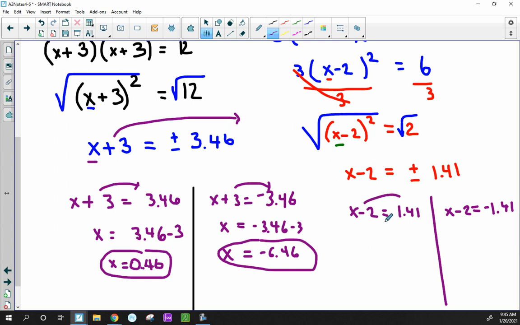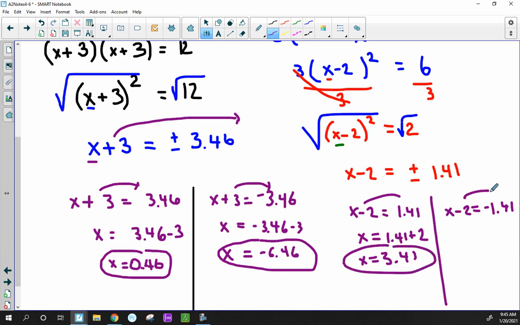Alright, so we're going to transpose. The first problem is x minus 2 equals positive 1.41. When I add 2 to 1.41, it is going to be 3.41. That's one of your solutions.